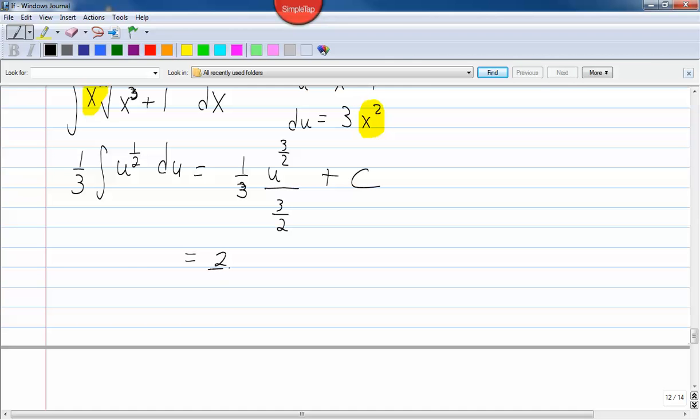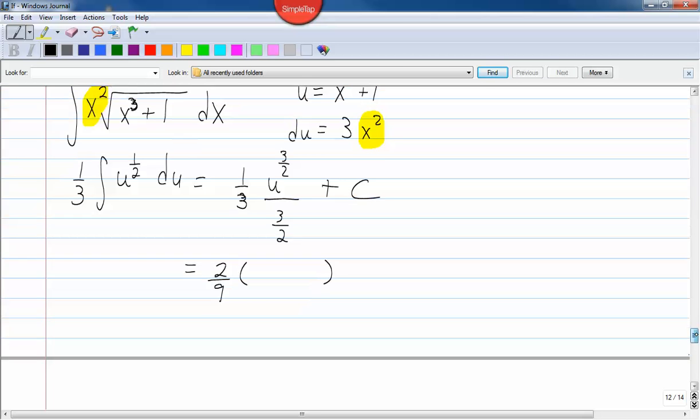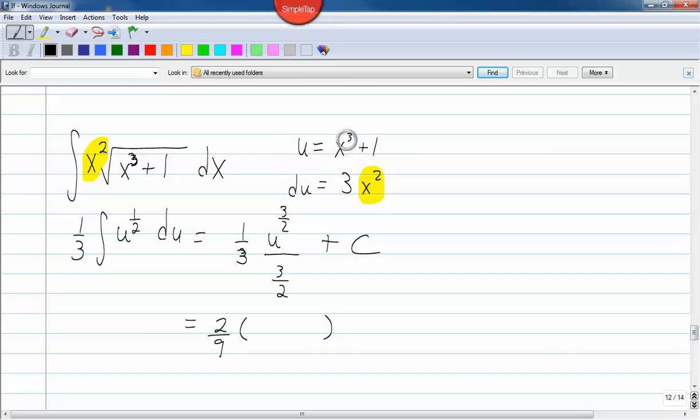So that's going to be 2/9 times, what did I let u be? U was x cubed plus 1. Raised to the 3/2 plus c.